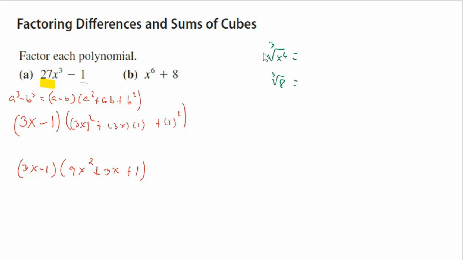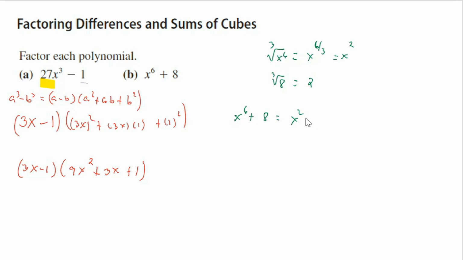The cube root of x raised to 6 can be written as x raised to 6 over 3, or simply x squared, because 6 divided by 3 is 2. And the cube root of 8 is just equal to 2. Now, we'll write again here x raised to 6 plus 8. So using that formula, the roots now are x squared.